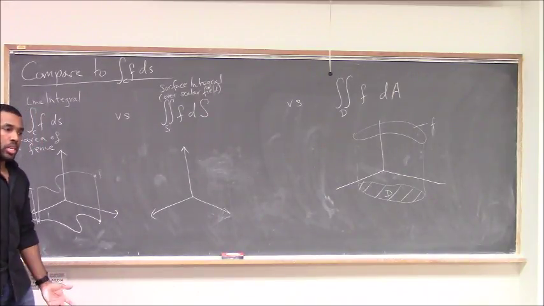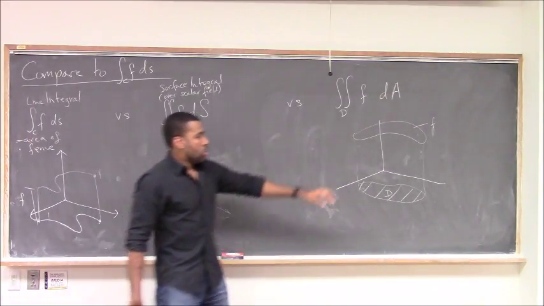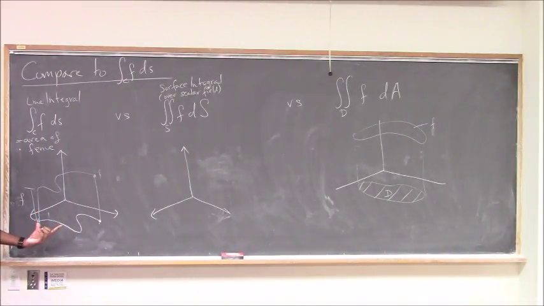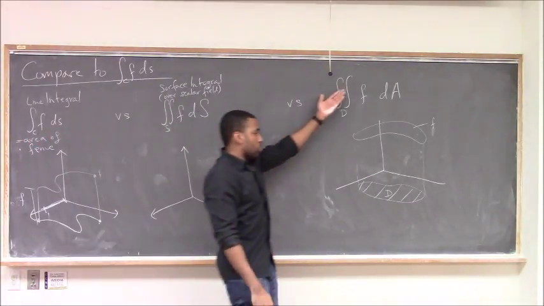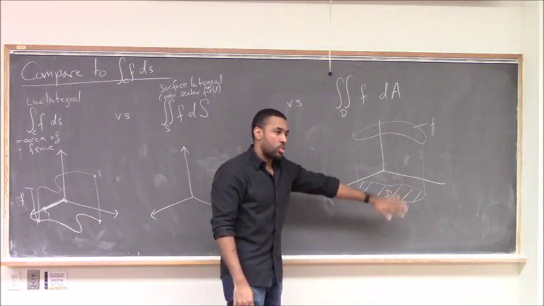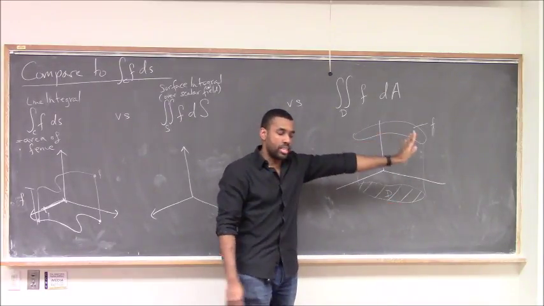So remember, the line integral generalized the single integral from Calc 1, because on the single integral we were stuck on the axis. We could only integrate over intervals along the axis. We wanted to generalize that to be able to integrate over any arbitrary curve in the plane, right? Similarly here, back in Calc 3, we could only integrate over regions that are in the planes, either the xy plane or the yz plane or the xz plane.